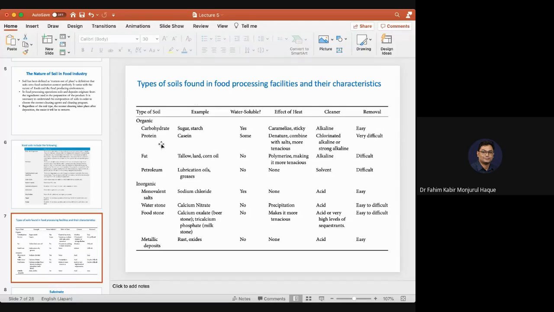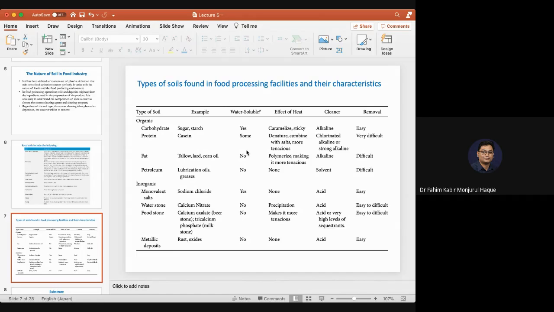Right? For example, you want to remove fat. Fat is water insoluble, right? Fat doesn't get dissolved in the water. So that means you have to use something where the fat gets dissolved. Okay, so your detergent, the cleaning agent, should contain the kind of chemicals which can solubilize the fat.